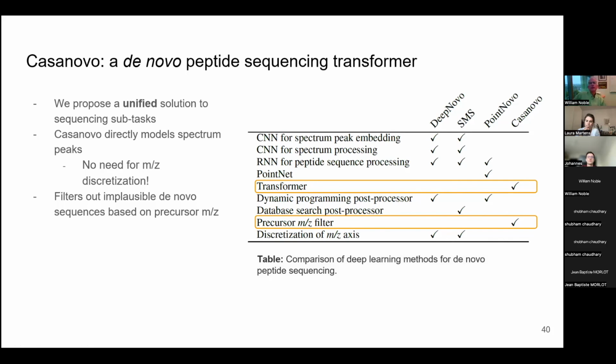And then also, most of these methods involve some complicated post-processing with a dynamic programming procedure to try to enforce that the mass of the inferred peptide is very close to the observed mass of the peptide. And we found that it was simpler to just put on a filter, and not do this more computationally complicated dynamic programming step, and just basically say, if the prediction fails to obey this relationship, then we're just going to make no prediction at all. And it turns out to work pretty well.